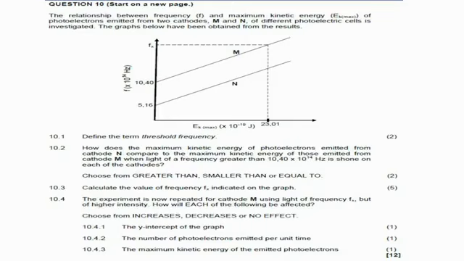Then 10.4.3 says the maximum kinetic energy of the emitted photoelectrons, right? So if we answered in 10.4.1 that there is no effect, you will know that frequency is directly proportional to the energy, right? So if the frequency remains the same, that means also the energy will remain the same, right?